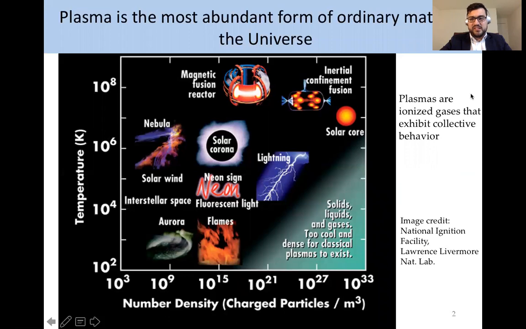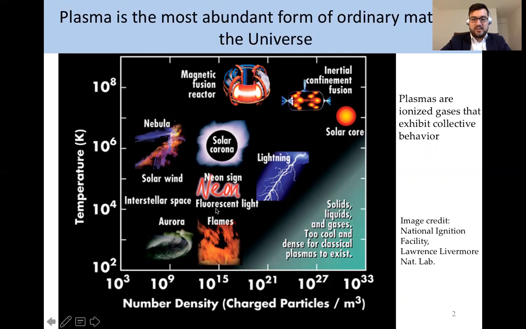So plasmas essentially are ionized gases that, because they're charged, respond in a very complex manner to applied electromagnetic fields, and they're the most abundant form of matter in the known universe. In our daily lives, we usually see solids, liquids, and gases, in this corner of parameter space in this temperature versus density diagram.